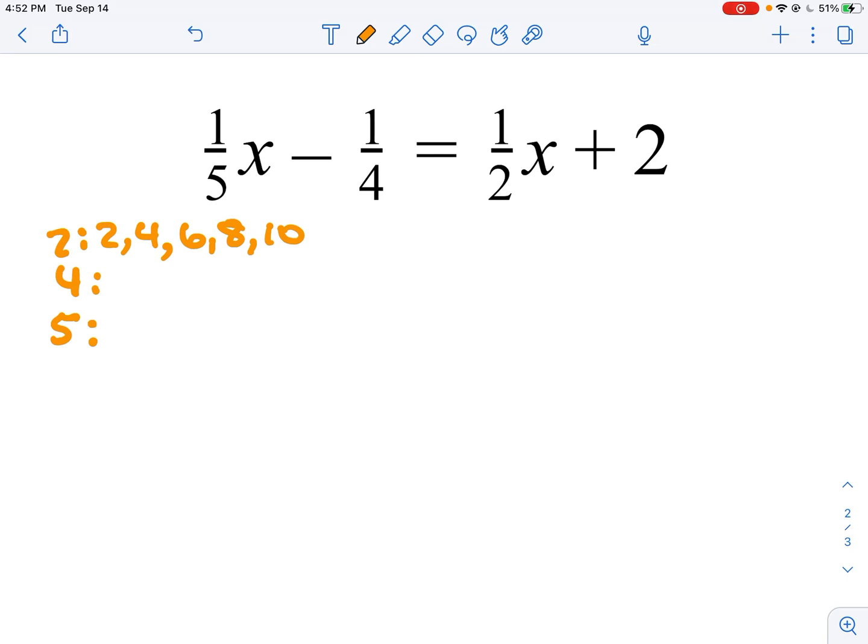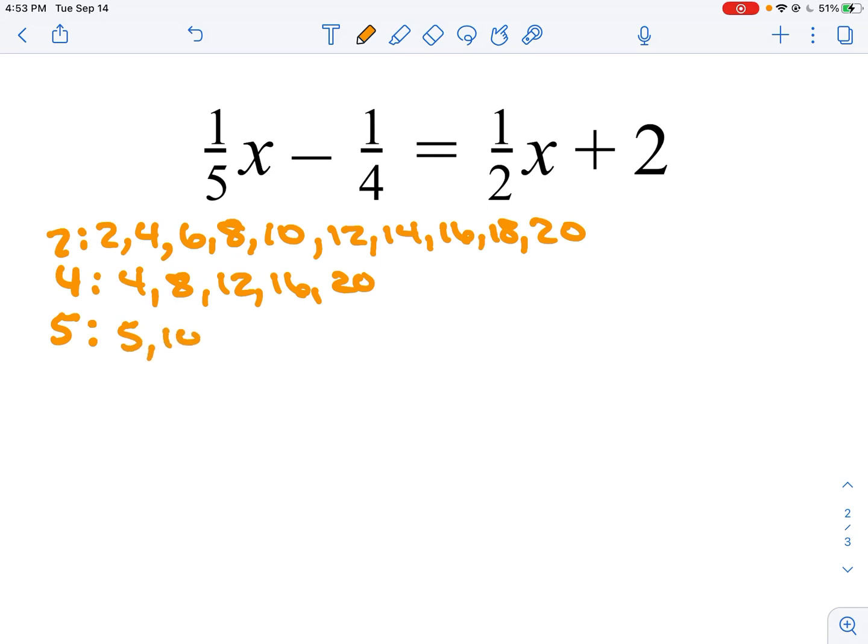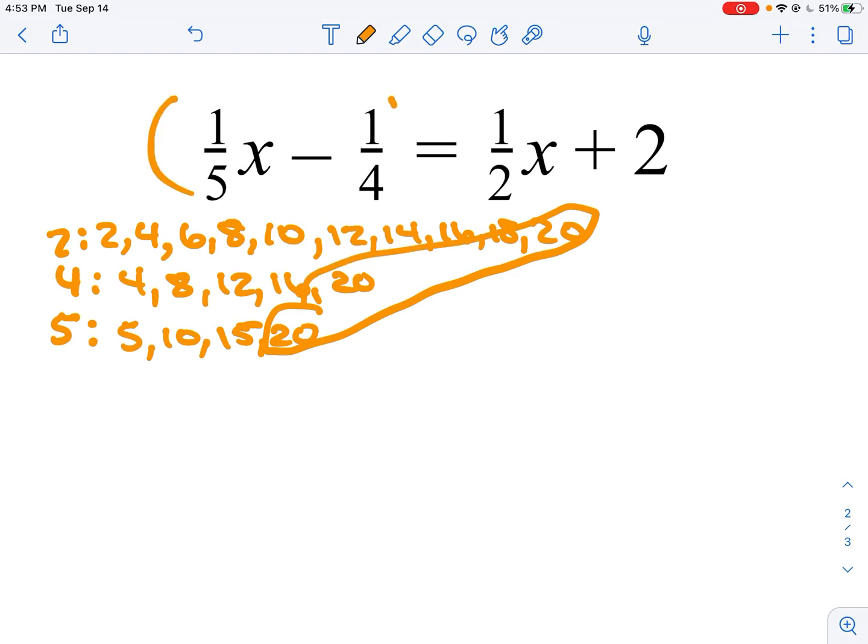Oh, 5 goes into 10, but 4 doesn't. 12, 14, 16, 18. So I have 4, 8, 12, 16, 20. Hey, they both have 20. 5, 10, 15, 20. So 20 is their least common denominator.